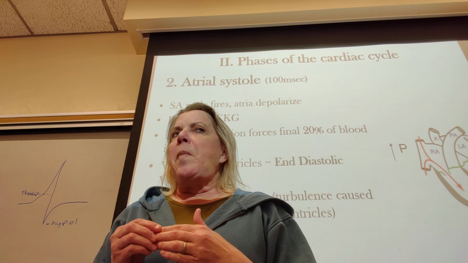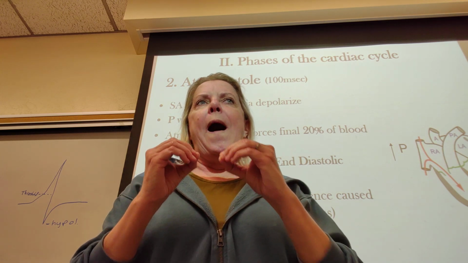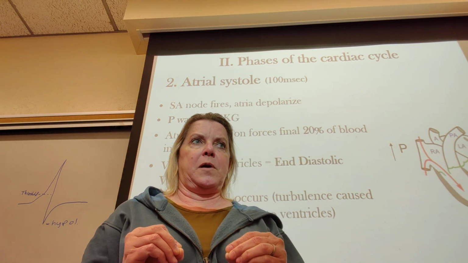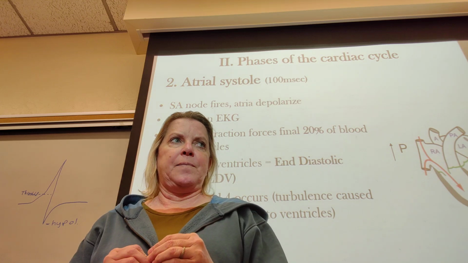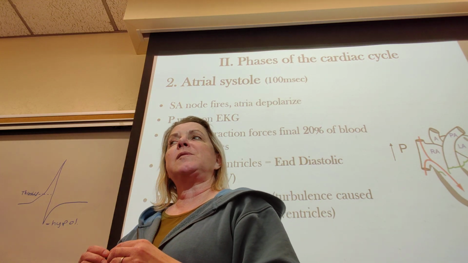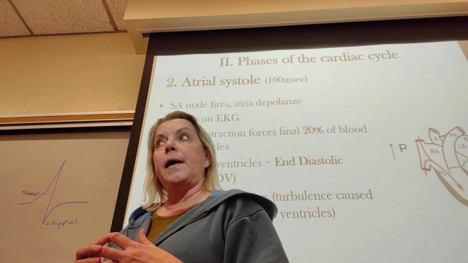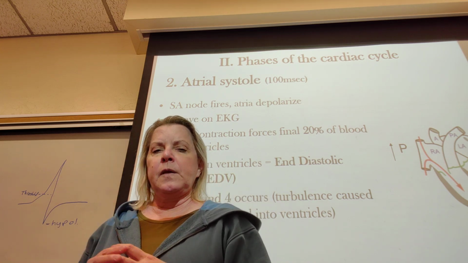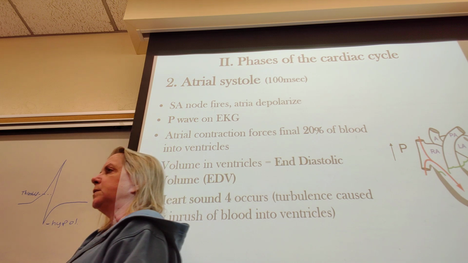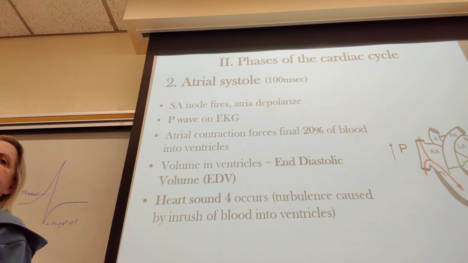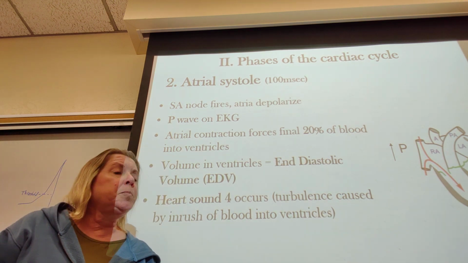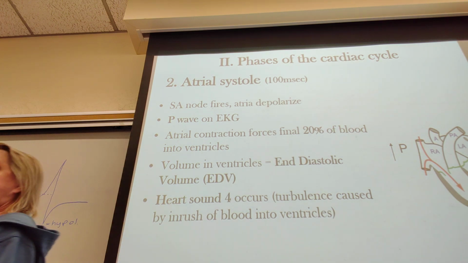But there's a lot of power to know why the pen is going up and why it's going down. And that takes a lot of memorization away from that clinical aspect, if you know why. So the P wave is the atria having their electrical event, and it will be followed by their mechanical event.